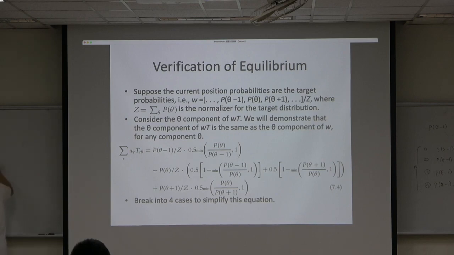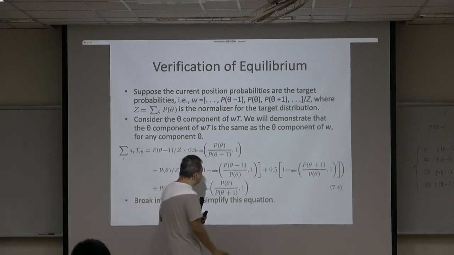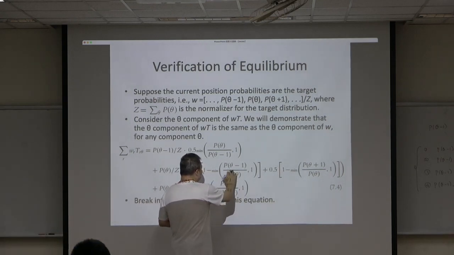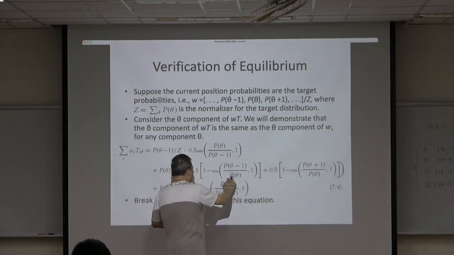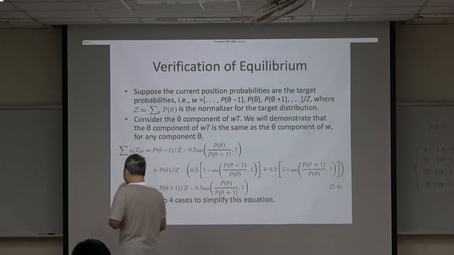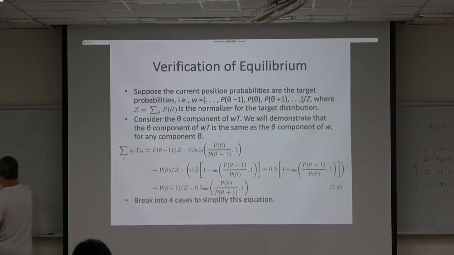Times 1 minus, and we know p theta is the largest term, so this is going to give us a value smaller than 1, so we are going to take this, so p theta minus 1.